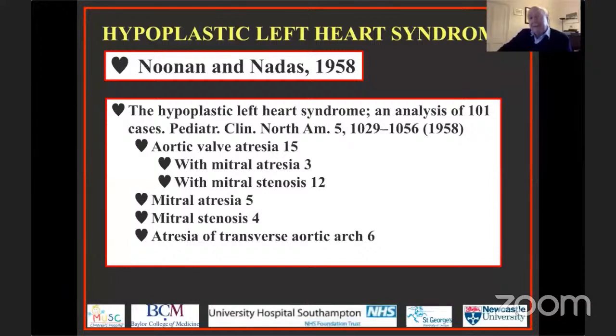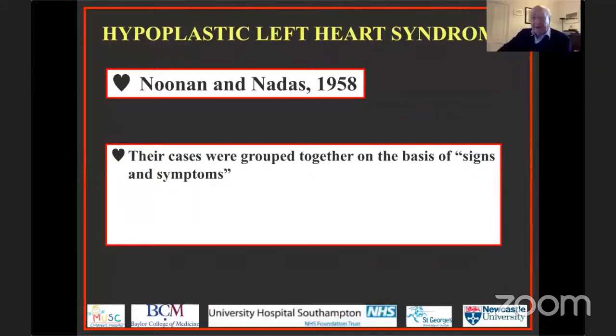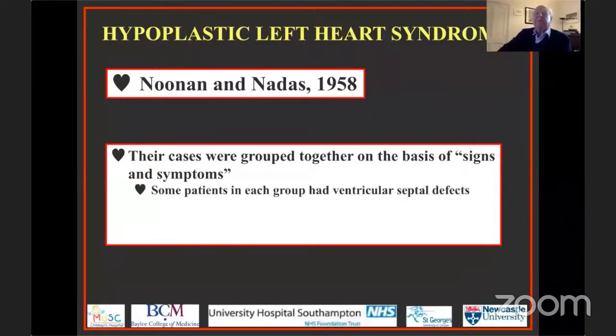They had 6 where the primary lesion was atresia of the transverse aortic arch, but the greater majority of their cases had hypoplasia of the transverse aortic arch. Now remember, they were grouping their cases on the basis of the clinical findings, signs and symptoms.